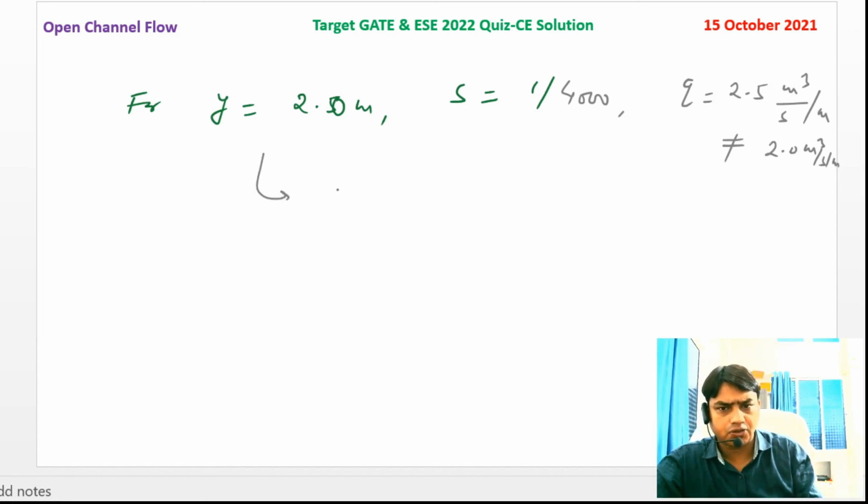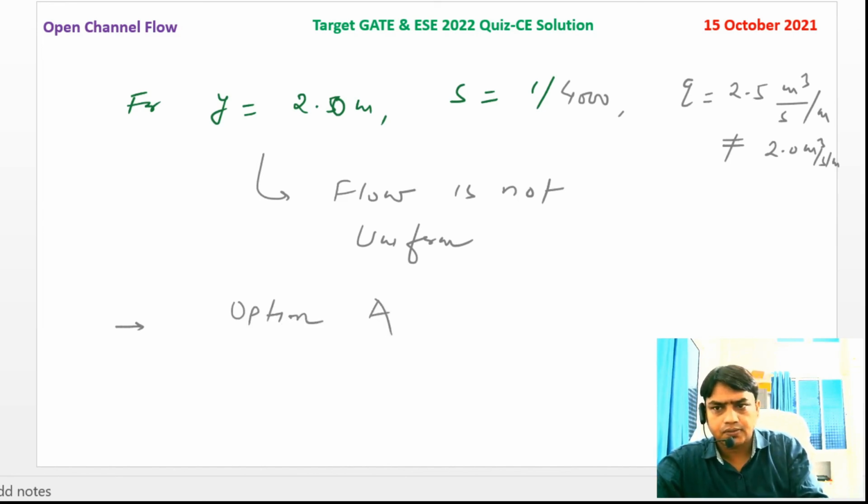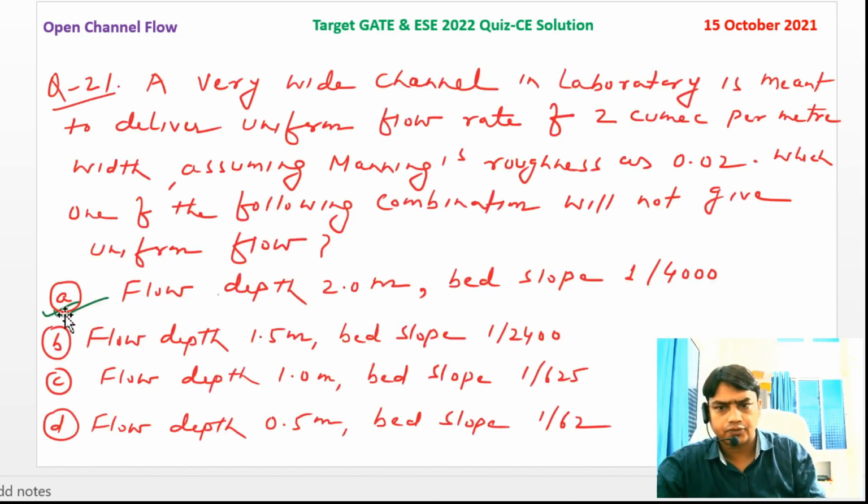So for this combination the flow is not uniform. Therefore option A is correct.